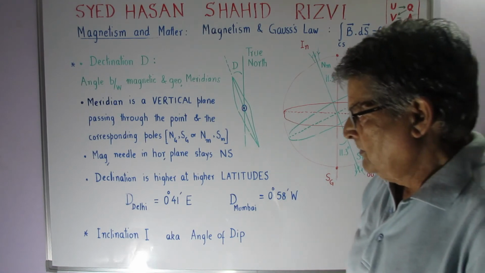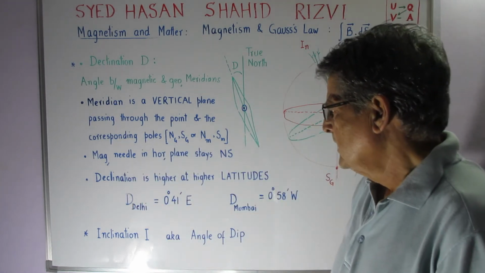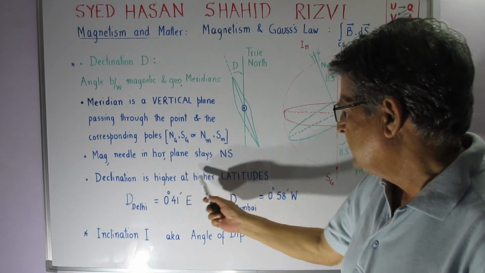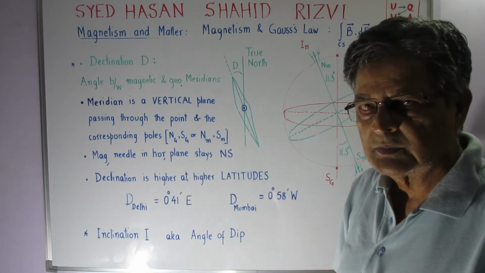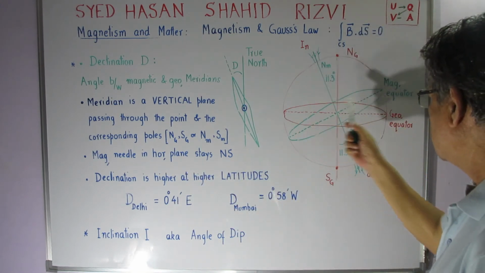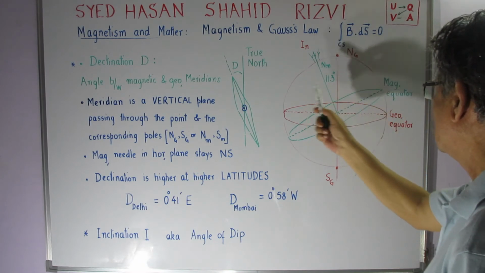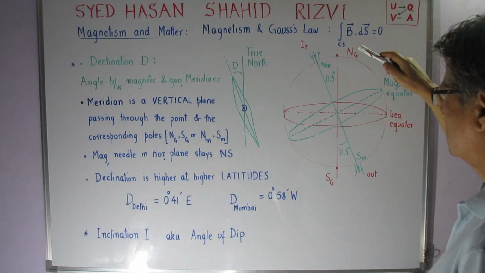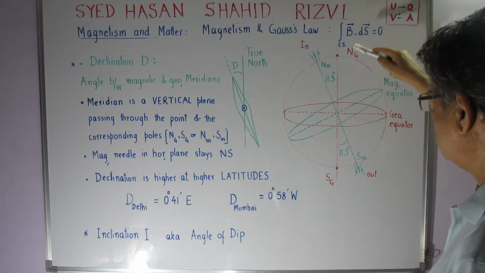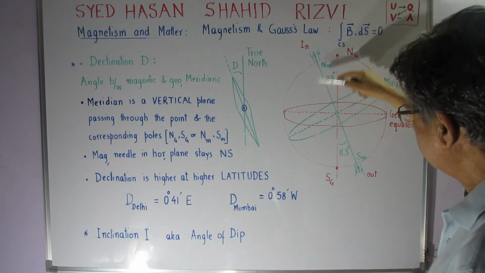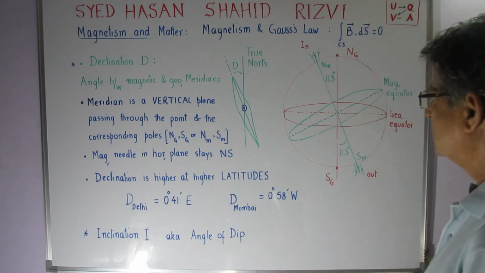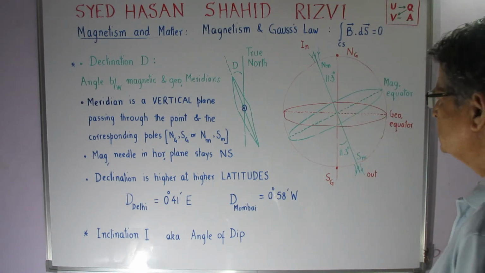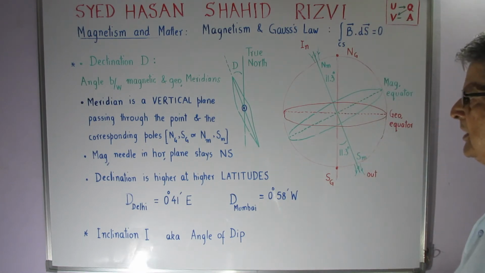Now this D is higher at higher latitudes. Latitudes are the lines that we draw here, and longitudes are the lines that we draw from here to here, and so on, and these are at different places.